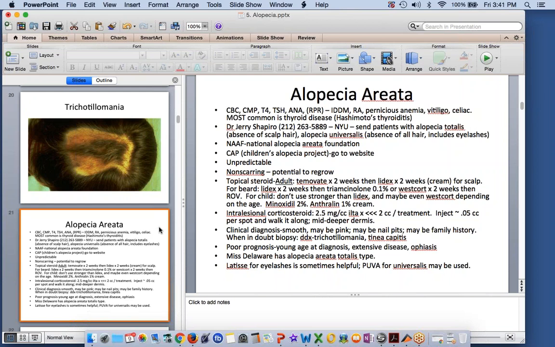Sometimes Latisse for eyelashes is helpful, and when we had the PUVA therapy, it definitely did help patients with alopecia totalis and universalis, but it's a very long and painstaking procedure because they've got to step into a light box, take some pills, and cover their eyes with special goggles for 24 hours after they do that.